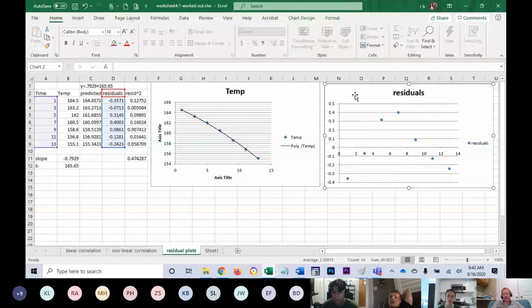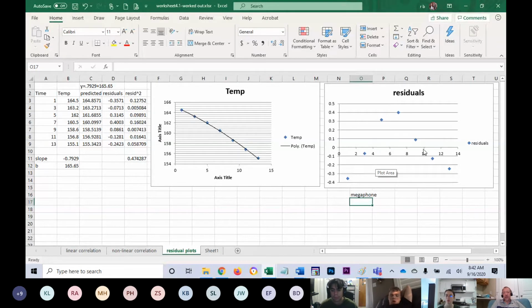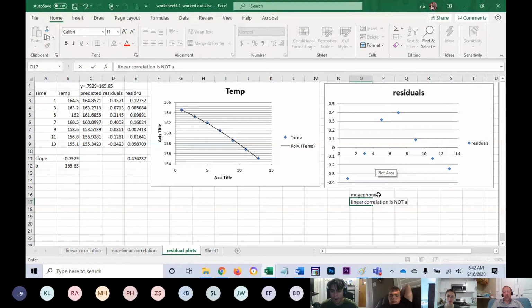I mean, you couldn't draw a straight line through anything. But can you draw a curved line? Yes. The word I was thinking of was megaphone. Megaphone, okay? A lot of times, so this one's interesting in that it's kind of a downward facing parabola here. So this tells me linear correlation is not a good idea.